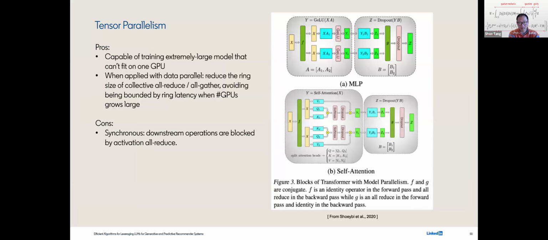But of course, as we mentioned previously, the downside is that we have to synchronize, and downstream operations are blocked by this synchronization. And on the right hand side is the illustration for the MLP and self-attention.